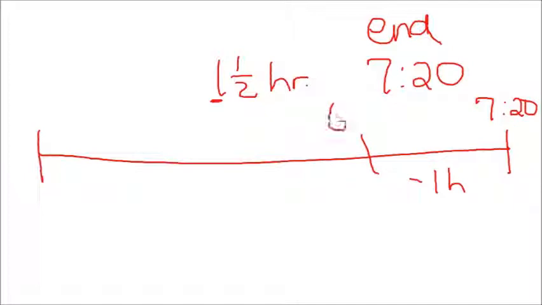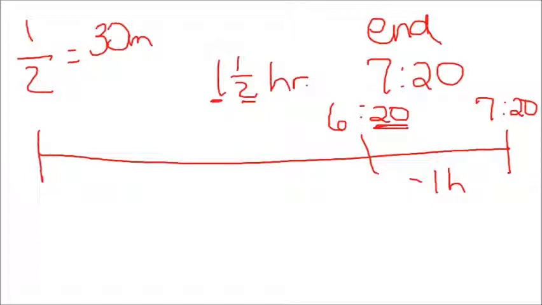That makes the time 6:20. And now I'm going to have to do a half hour. Well, again, I remembered a half hour equals 30 minutes. Okay? So I look at this and I've got 6:20. Well, if I think about that 20, because I'm subtracting, I'm going to subtract that 20 minutes. And that would make my time 6 o'clock.